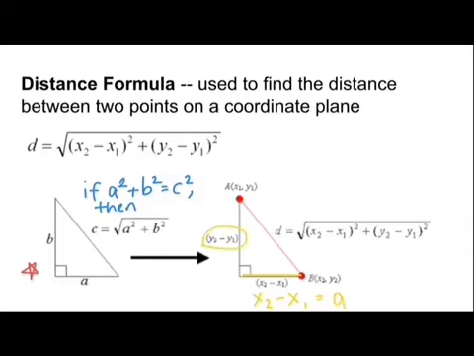We have our y sub 2 minus y sub 1. That's really just the length of B. And so if you find the length of A and the length of B, square both of those, add them, and take the square root of all of that, you end up with the distance formula. It sounds confusing, but it really isn't. Let's practice and try it out a little bit.